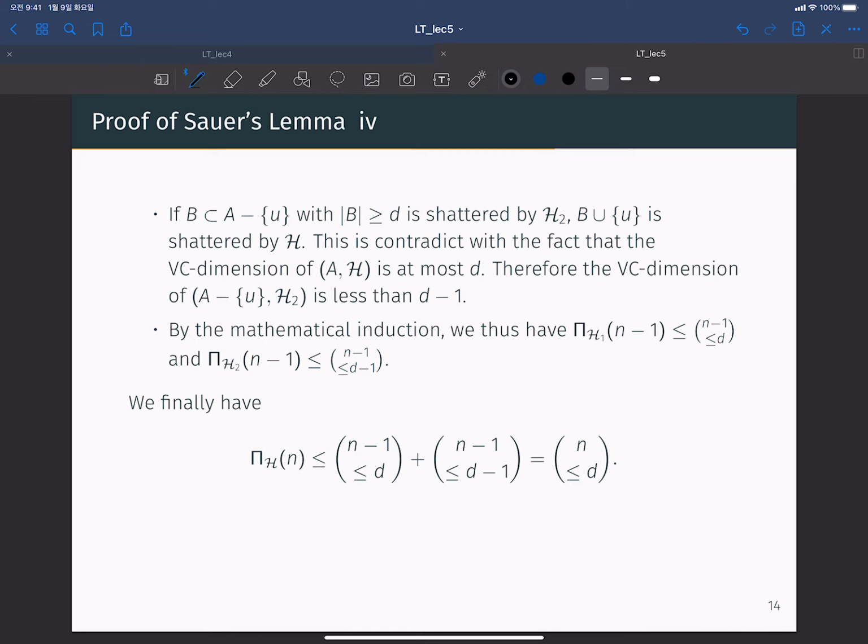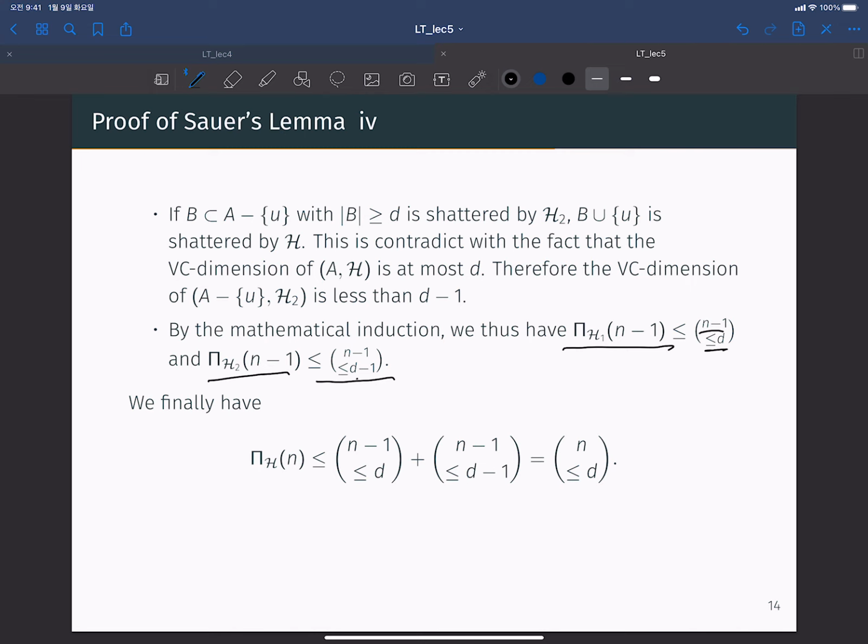Okay, so the growth function for H1 should be upper bounded by the sum of n minus 1 choose i for i up to D, because it has n minus 1 elements and VC dimension D. And the growth function with respect to H2 is upper bounded by the analogous sum because we have n minus 1 elements and VC dimension upper bounded by D minus 1.